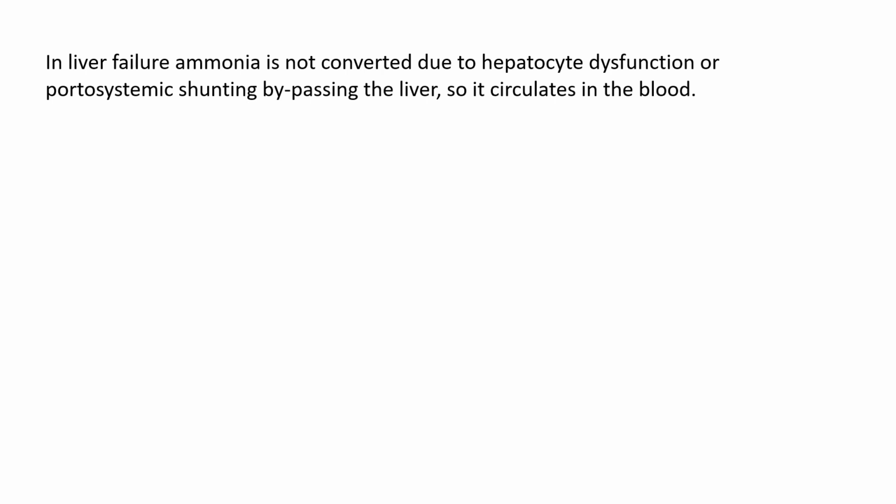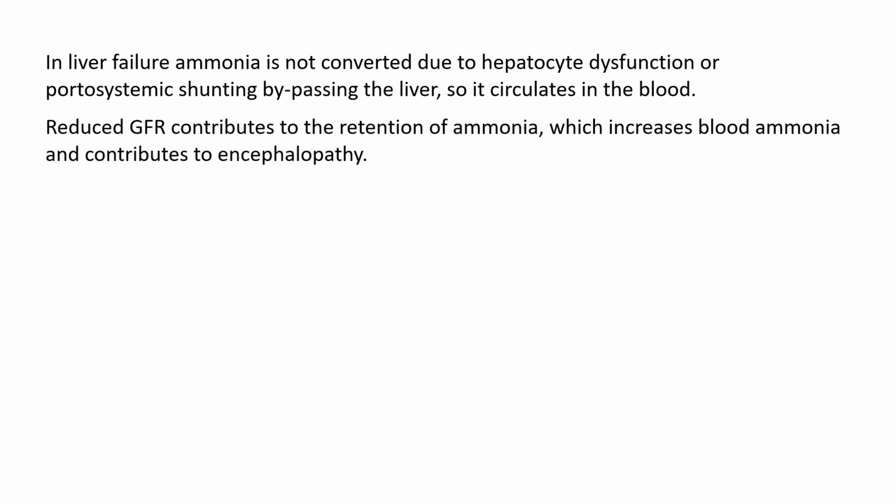So, just like our bilirubin, ammonia is not converted due to hepatocyte dysfunction or due to portosystemic shunting bypassing the liver, those collaterals going round the liver. So it ends up circulating in the blood. If we have reduced glomerular filtration, this is also going to contribute to the retention of ammonia, which increases it even further.